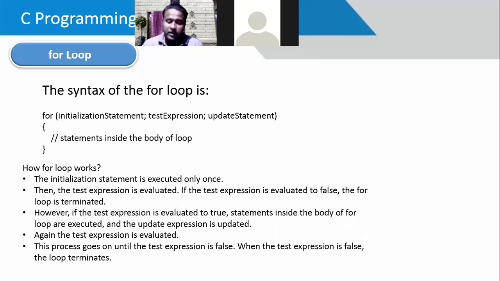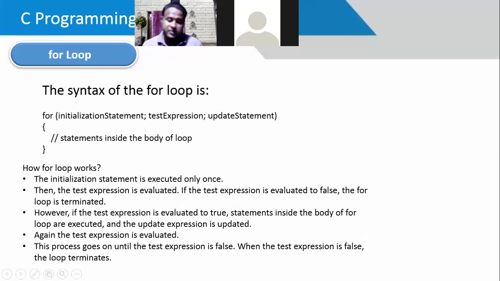Then the expression is evaluated. If the test expression is evaluated to false, the for loop terminates. So first you initialize a value, then you check whether your value is less or greater than that value or not. Till that condition is true, the body of the for loop is executed, then the increment or decrement happens.